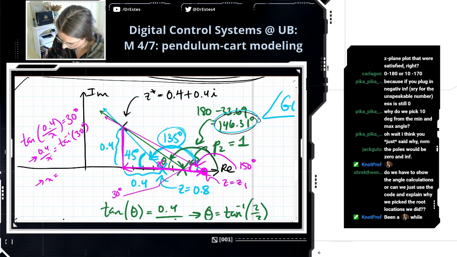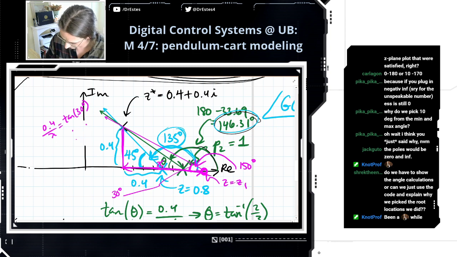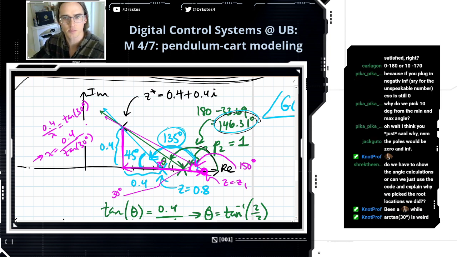Wait, did I do this right? Well, wait, no, 0.4 over x is the tangent of 30. I'm a goober. Okay, so then x is 0.4 over the tangent of 30 degrees. Let's plug that in there.